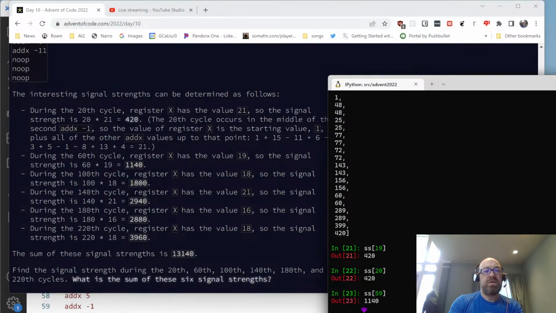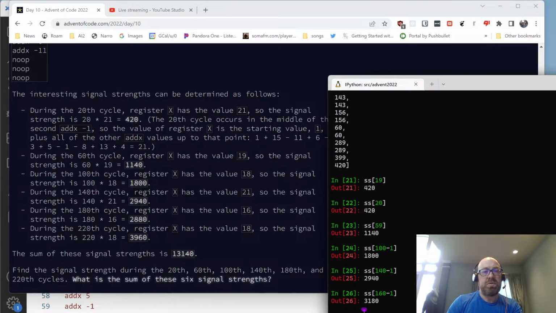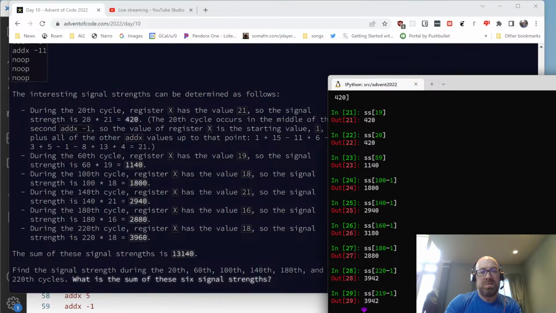SS59 is 1140. SS 100 minus 1 is 1800. SS 140 minus 1 is 2940. SS 160 minus 1, there's no 160. Okay. SS 180 minus 1 is 2280. And SS 220 minus 1, 3942. All right. SS 219 minus 1, 218.